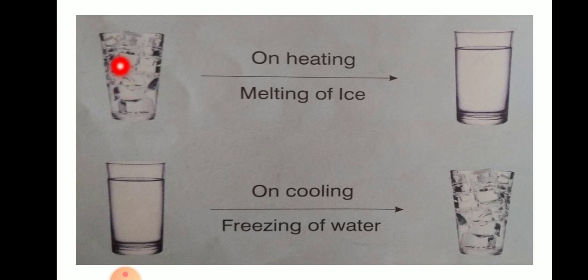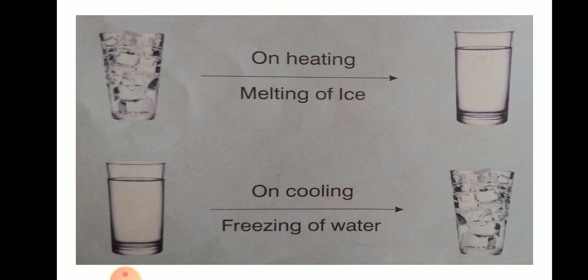When we take out the ice cubes from the fridge, it is going to heat up and form into water. Here solid state is converted into a liquid form. This process is called melting. Clear children? The process of converting solid into a liquid state is called melting.